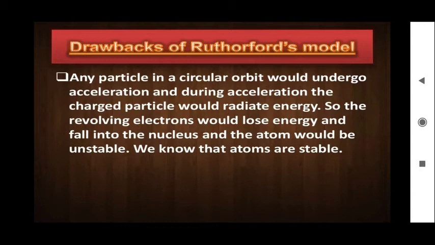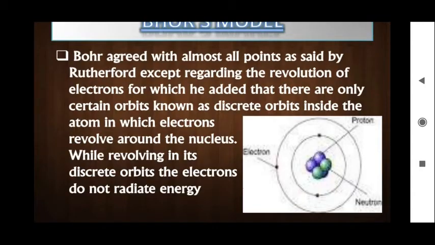Later on, it was Niels Bohr who gave the model of the atom. Bohr agreed with almost all the points said by Rutherford, except that electrons revolve in well-defined orbits.